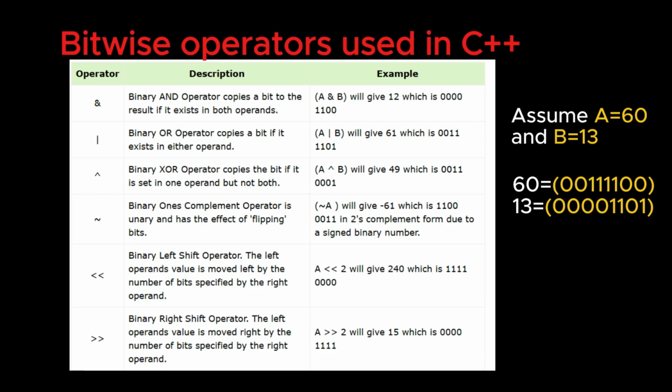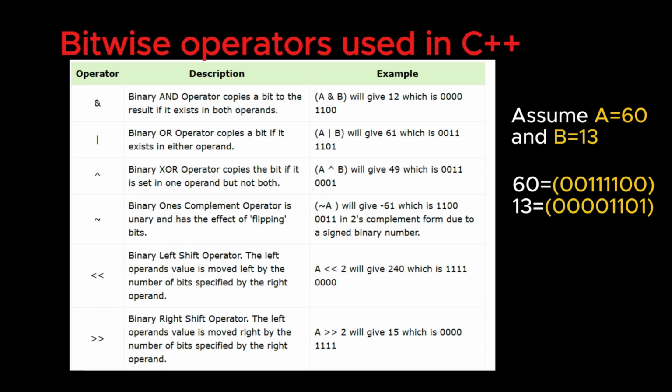The fourth one is the binary one's complement operator. It is unary and has the effect of flipping the bits. For example, complement A will give us negative 61 in base 10, which is equal to 1100 0011 in two's complement form due to a signed binary number.